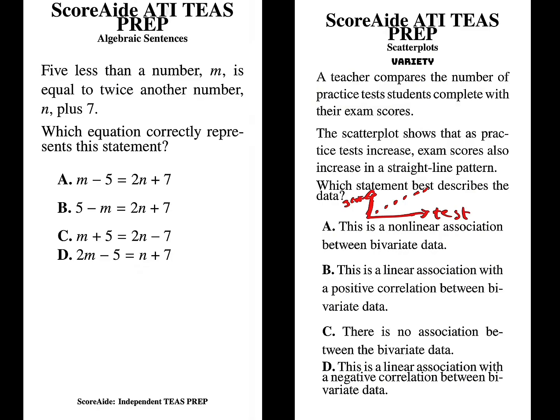So the answer is going to be B. The answer is not C. It is not D. A negative correlation will look somewhat like this, right? It would be regressing like that. So the best answer there is going to be B. It is a linear association with a positive correlation between bivariate data.